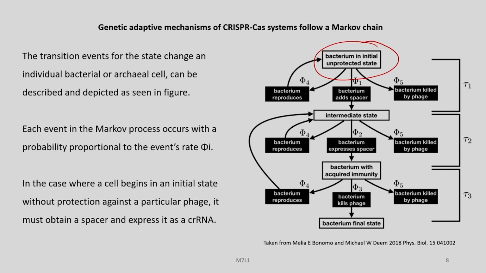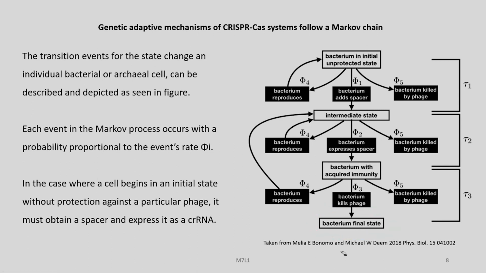But something happens in due course of time, the bacteria acquires some capability and goes through an intermediate phase, due to which it acquires immunity. So from an unprotected state, the bacteria gains a protected state. And this leads to the final bacterium state.